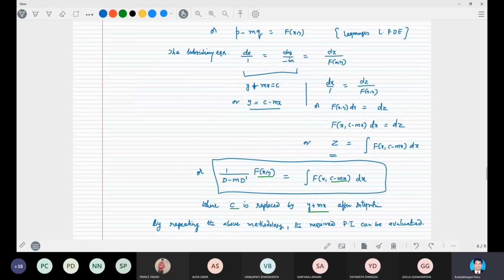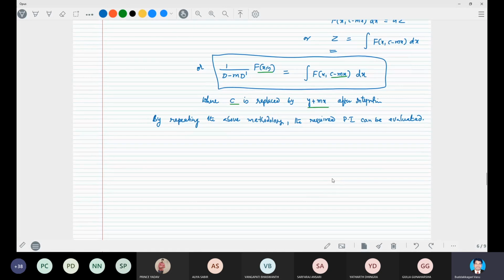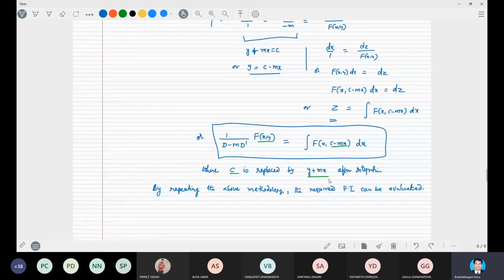And I think this question has been given in your quiz also, right? After integrating, c is to be replaced by y plus mx. Okay. Any doubt in this?